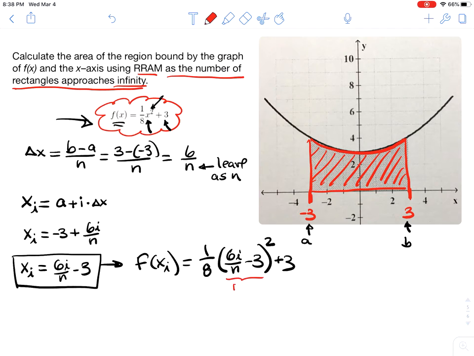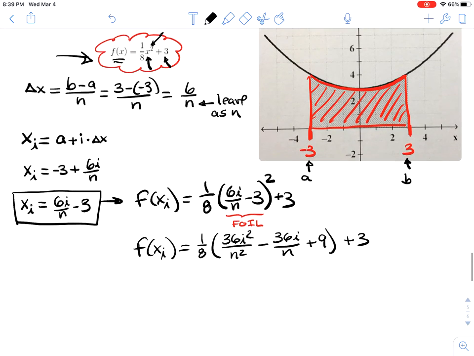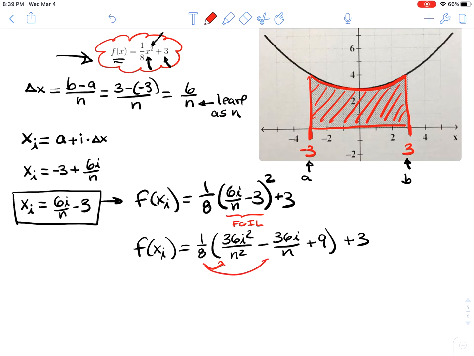Now we would like to FOIL this. And next I'm going to distribute this 1/8 through here.